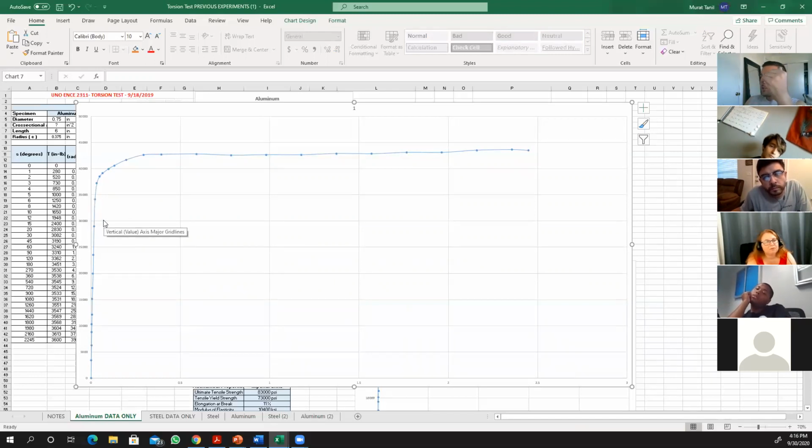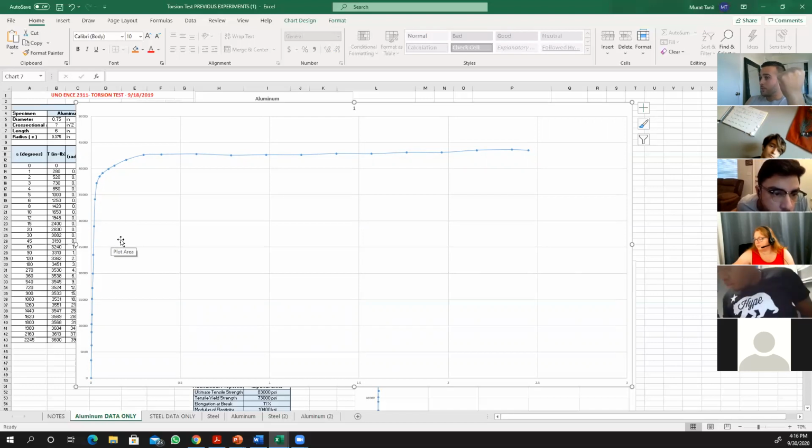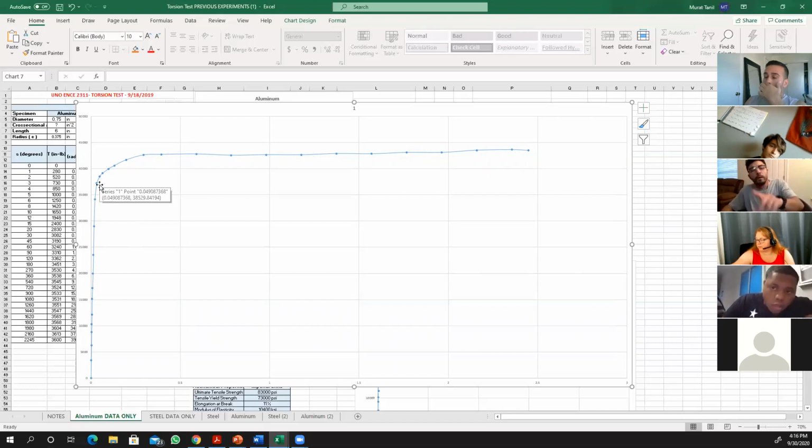It tells you the resistance to deformation, how strong, how durable my material is against deformation. In other words, how much stress is required to deform it permanently.